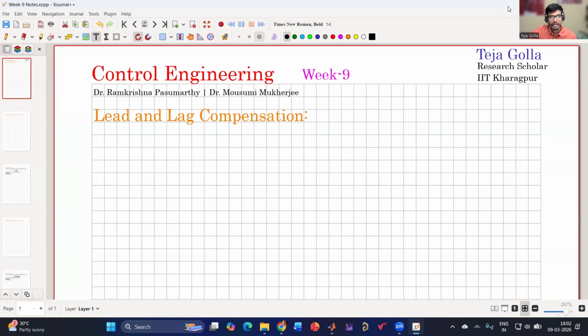So in the previous week, we discussed the design using root locus.